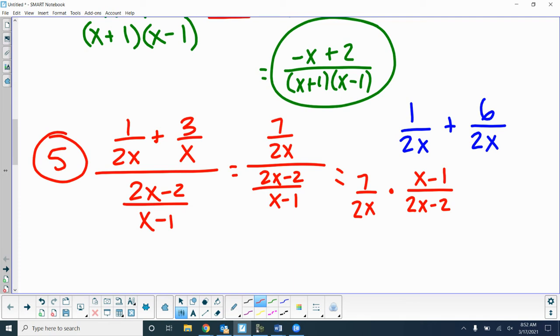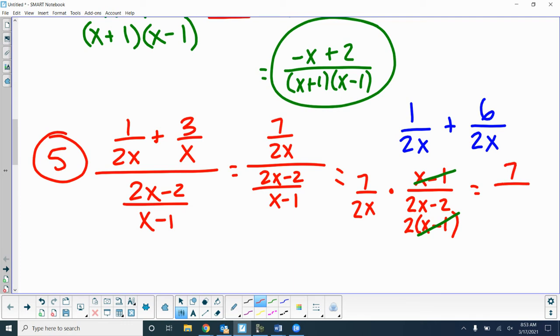How do I factor it? Take out the 2. Yeah, it's got a GCF, right? 2x divided by 2 is x. Negative 2 divided by 2 is negative 1. Do you see any factors that are the same? Yeah, the x minus 1, right? If we were trying to do asymptotes and graph and stuff, yeah, there'd be a hole there, right? But we're not doing that right now. So the top is just 7.